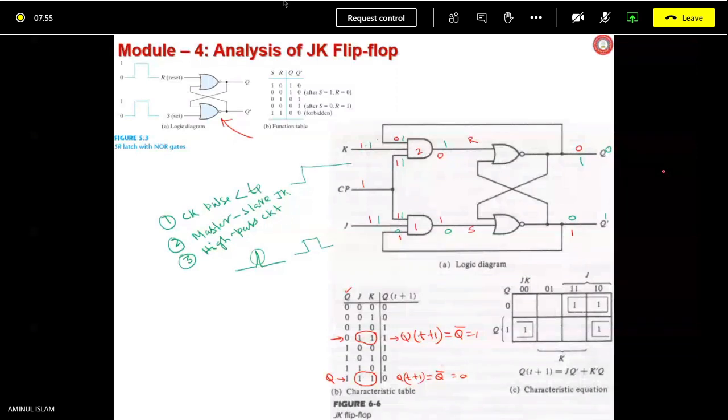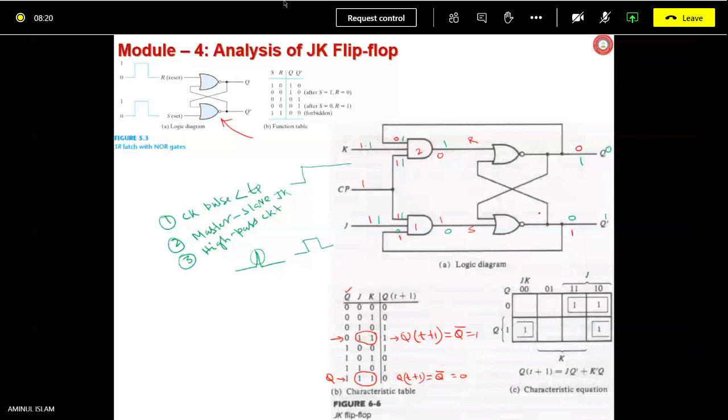But yes, if the clock is held high for a longer time, then you see in the structure of the JK flip-flop, Q gets connected to the input AND gate, and Q bar also gets connected to the AND gate on the J side. So feedback is there.